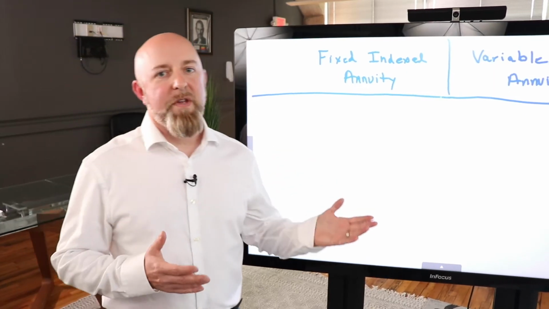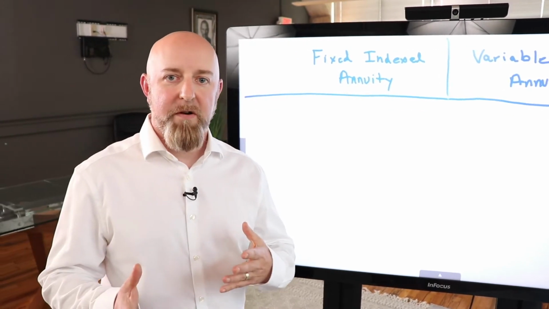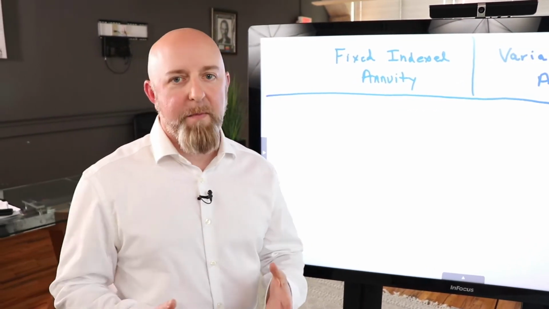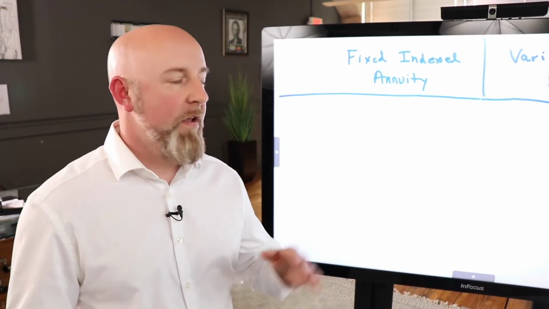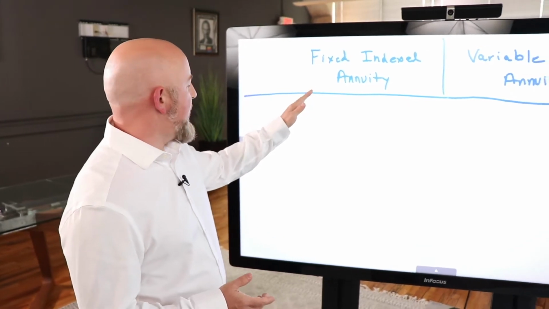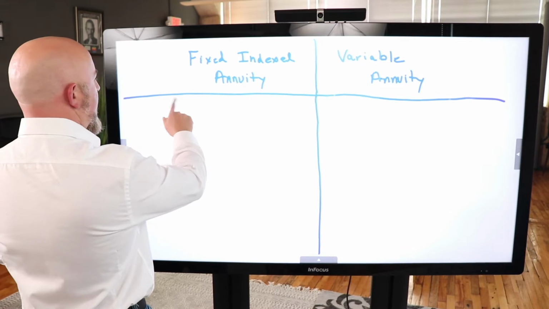Let's break down some different facts here, right? These two types of annuities are pretty similar in certain ways, but they're very much different in other ways. So let's start with some of the differences. If we're looking at a fixed indexed annuity, the key here is that it is fixed.